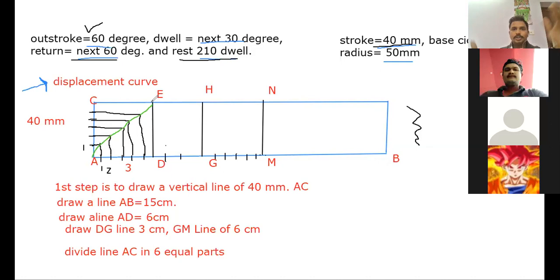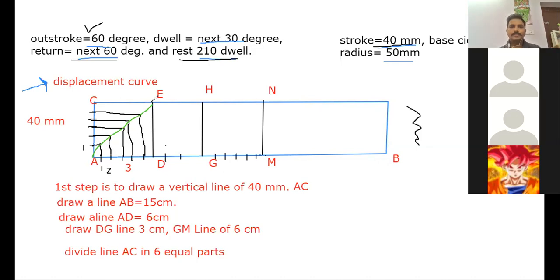I have just joined the intersection points, and I would join A to E. Yes, sir. Okay, Sahan, is it clear? Yes, sir. Okay, so can you see that the green line is actually moving in the forward direction?